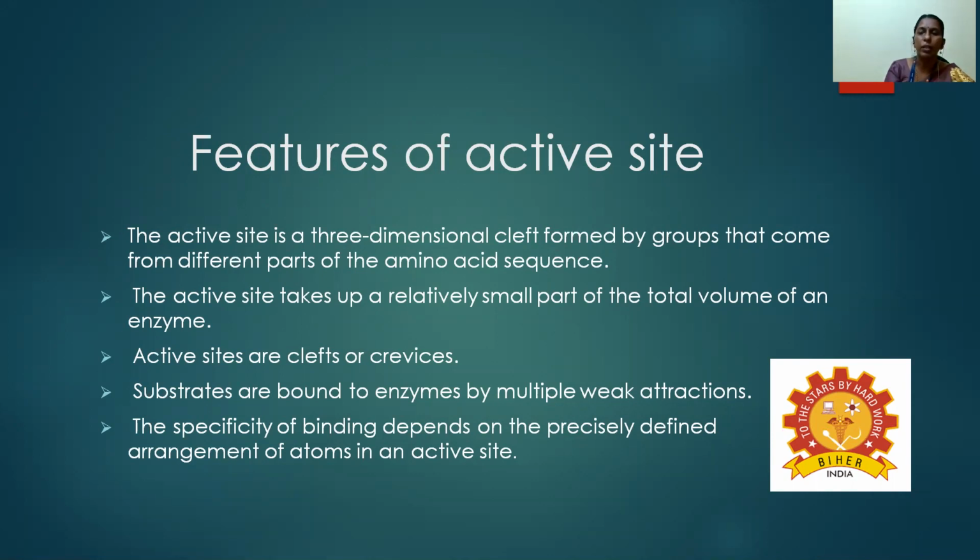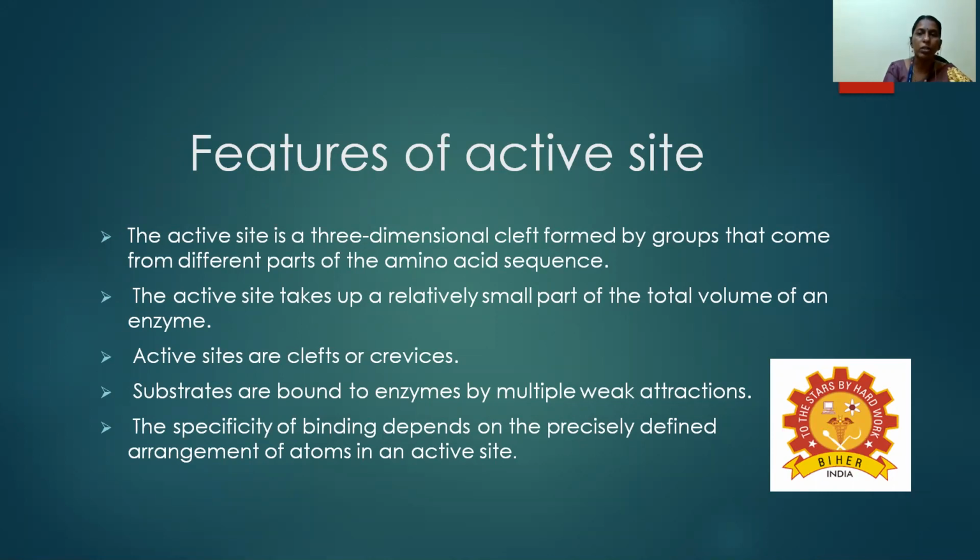Because there are one-dimensional, two-dimensional, and three-dimensional structures. The building blocks of proteins are amino acids, joined together by peptide bonds. Proteins have four orders of structure: primary, secondary, tertiary, and quaternary. The tertiary structure, the three-dimensional structure, is called the folding of proteins.